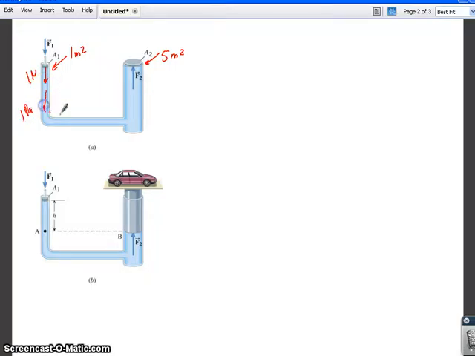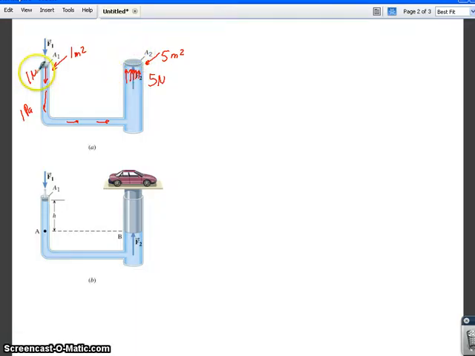This pressure is going to travel undiminished through this tube, and because there's a larger area, I am now going to get 5 newtons of lift on this side. So because I applied a small force to a small area, it travels undiminished, and because every single 1 meter squared is still going to provide a force of 1 newton, because that's the pressure, it's going to now move with a force of 5 newtons.